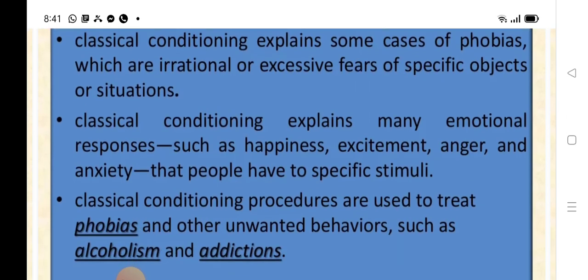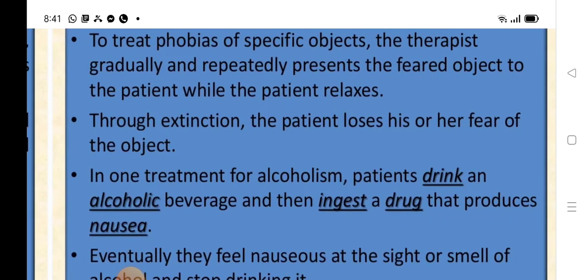Classical conditioning procedures are used to treat phobias. So it is important to study classical conditioning, of course, because it has a very important role in treating phobias and other unwanted behaviors such as alcoholism and addictions.